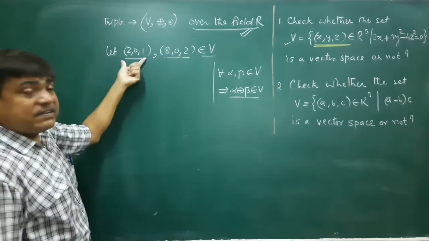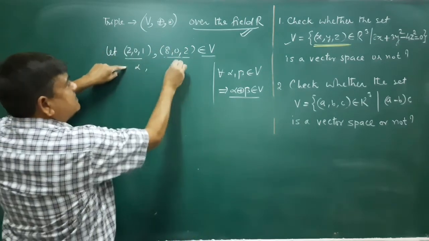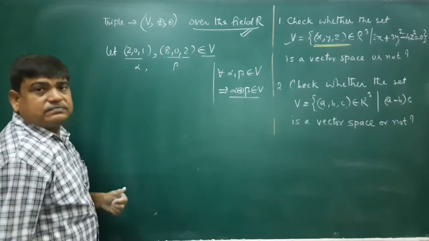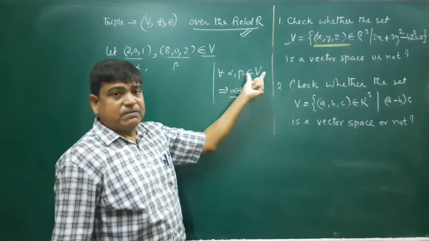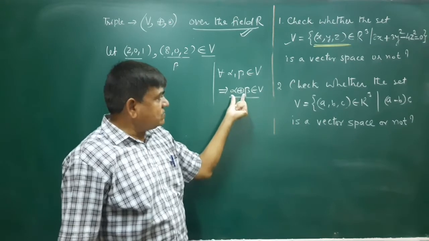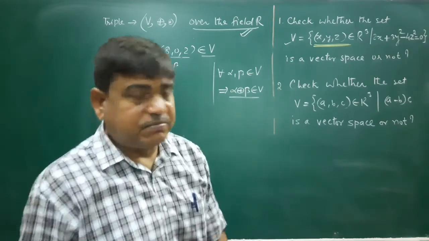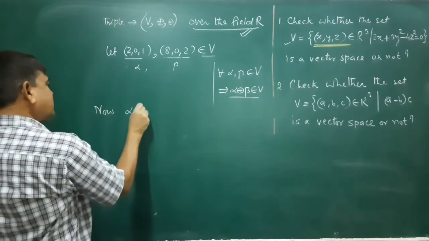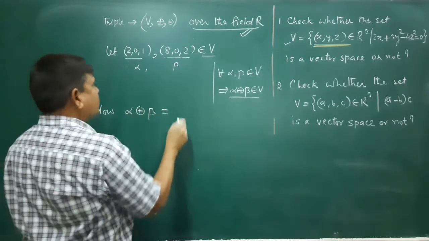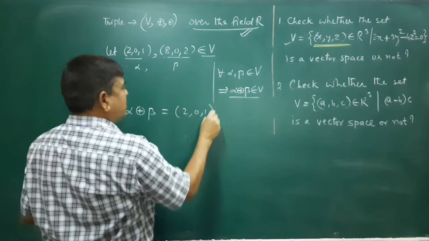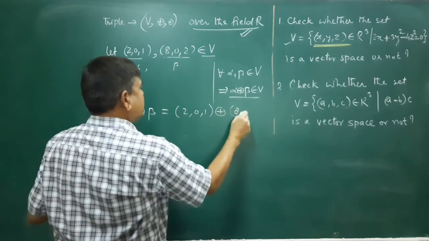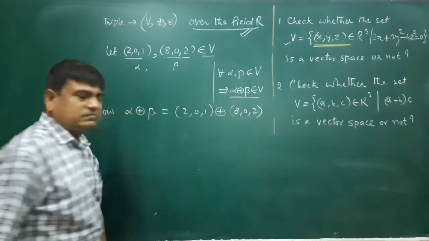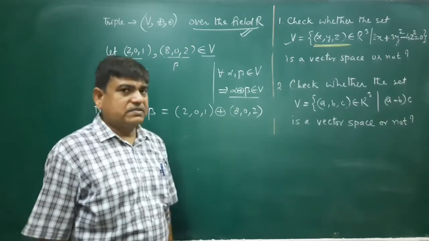So this is alpha and this is beta. Alpha and beta both are members of V. Now alpha plus beta must be a member. So alpha plus beta equals 2, 0, 1 plus 8, 0, 2.